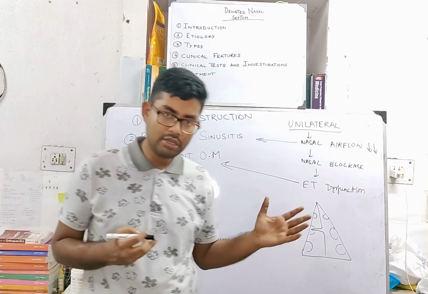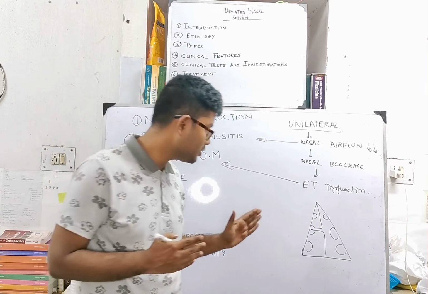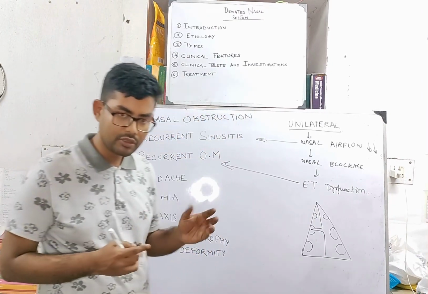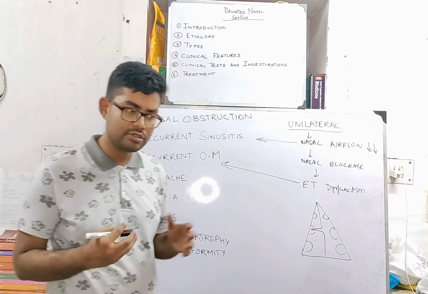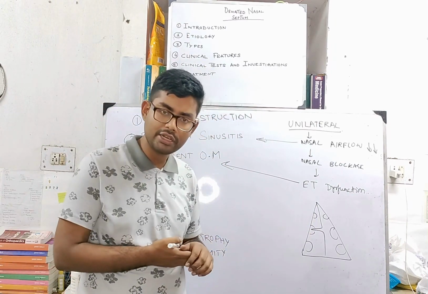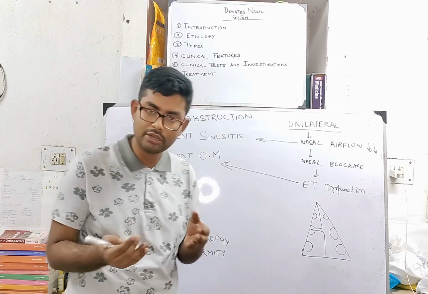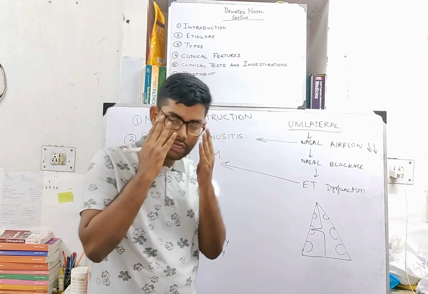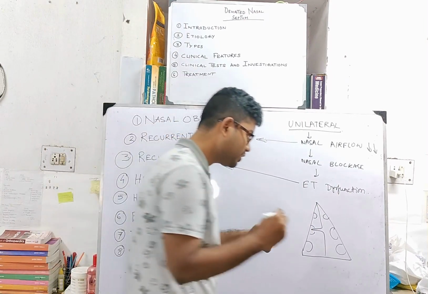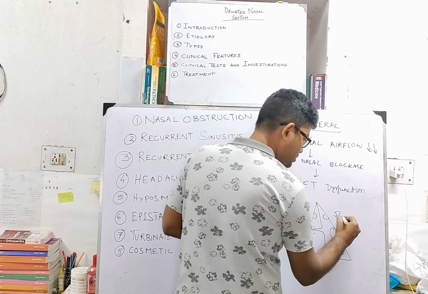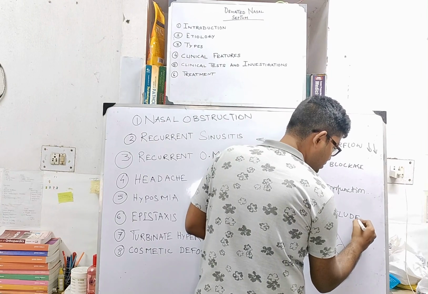Nerves passing through the nasal cavity may get compressed by this spur. The nerves coming from the sphenopalatine ganglion, when they are compressed because of this septal spur, may cause a specific type of headache which is called Sluder's neuralgia.